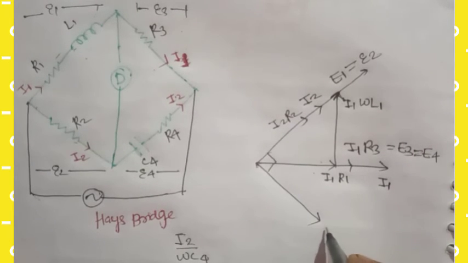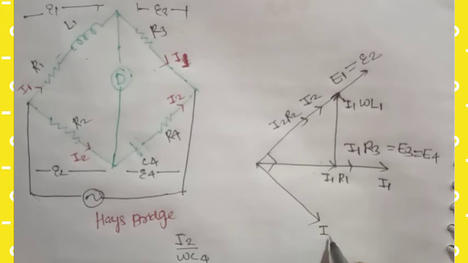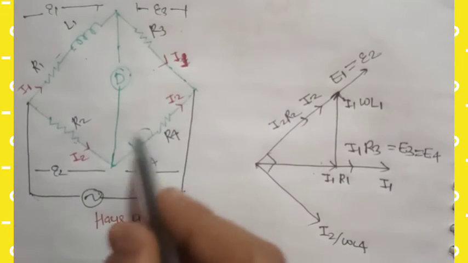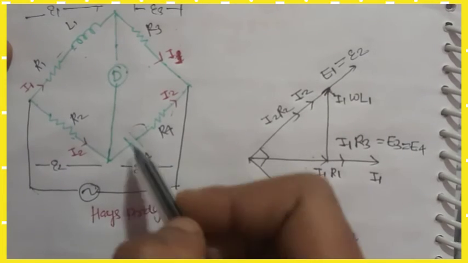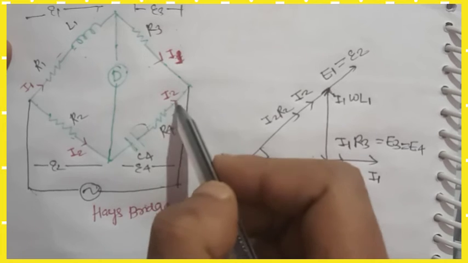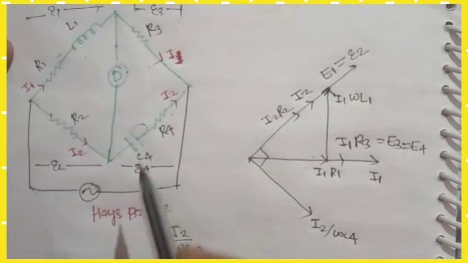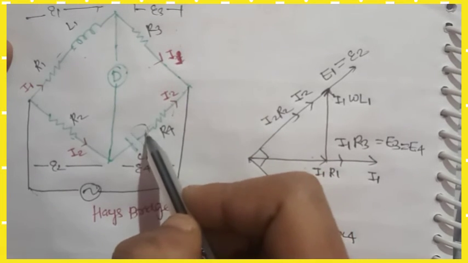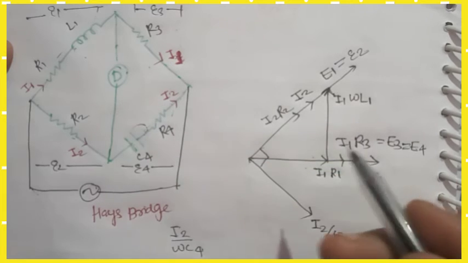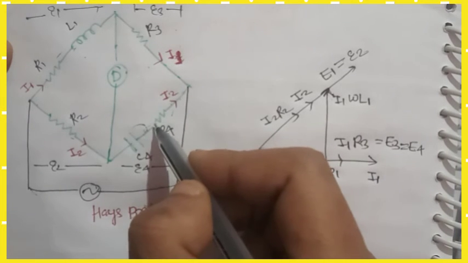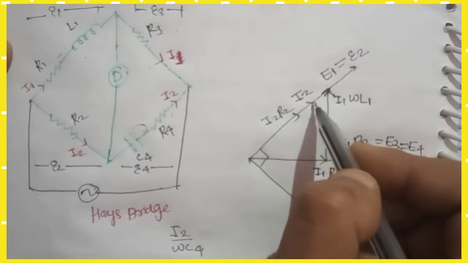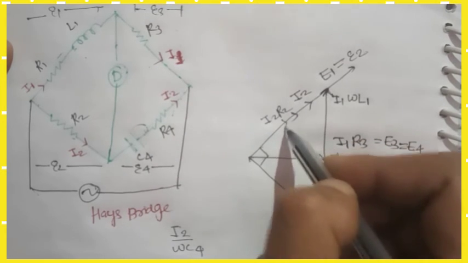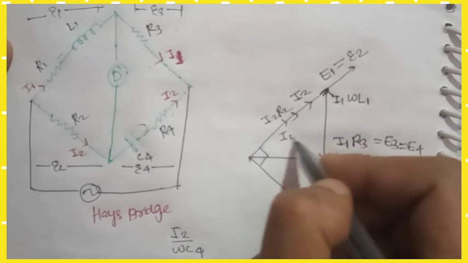It will be I2 upon omega C4. The voltage across C4 will be this. For E4, there is also a resistor in the circuit, so the voltage across this will be I2 R4, in the same phase with I2. Here is I2, and we will take here also I2 R4.